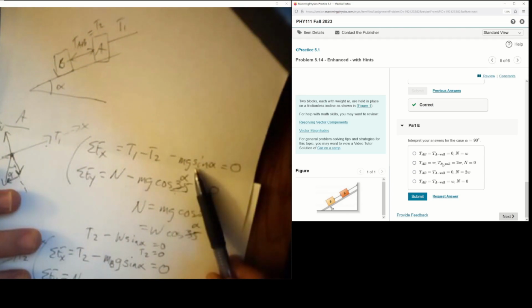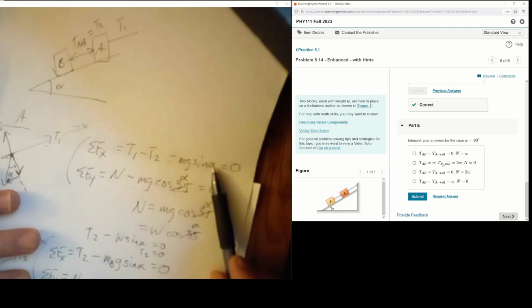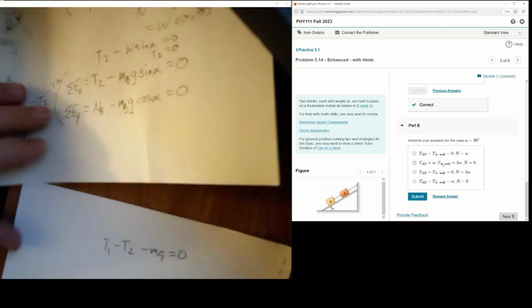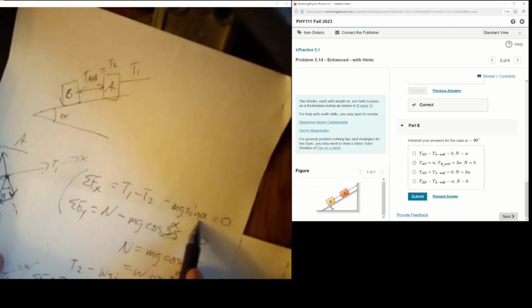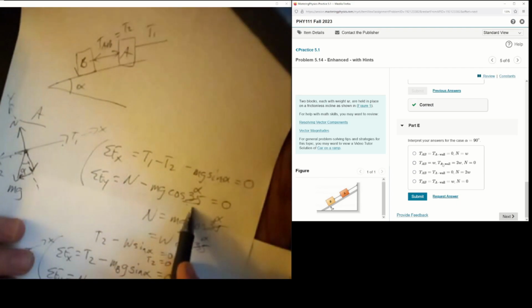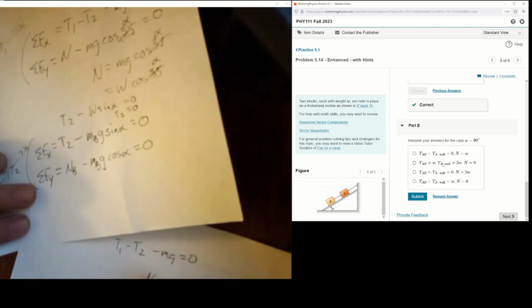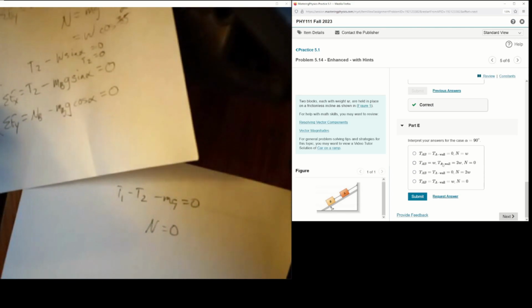So this first equation, if alpha goes to 90 degrees, well, sine of 90 is 1. And so we would get tension 1 minus tension 2, and then minus mg. If we look at the normal force, if alpha is 90, cosine 90 is 0, which means the normal force would equal 0.